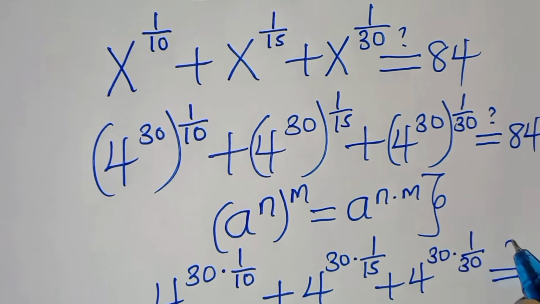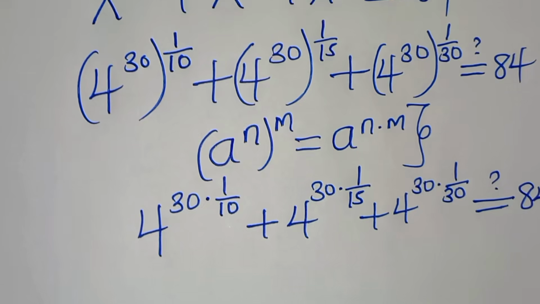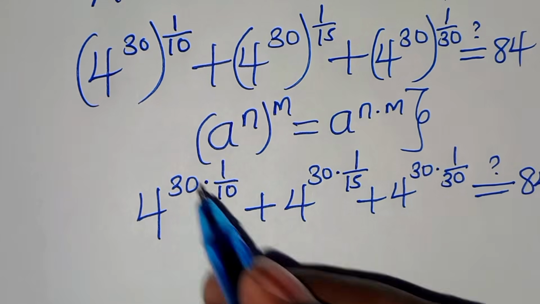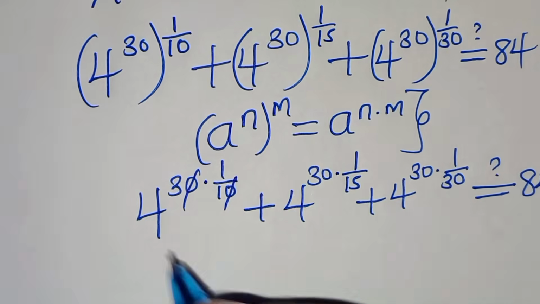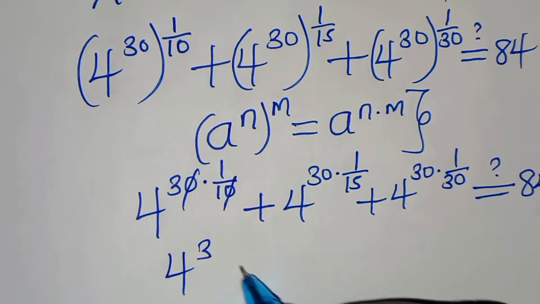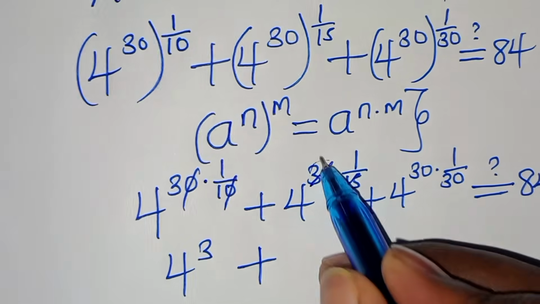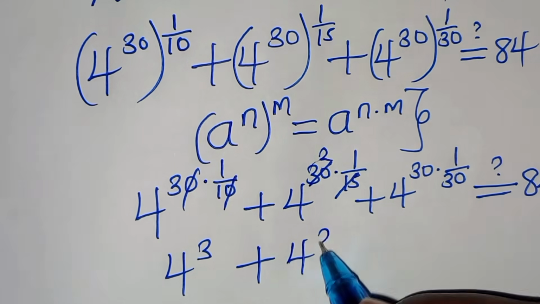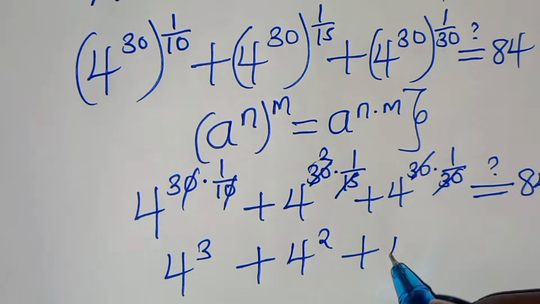This is supposed to give us a value of 84. Now the next step is to simplify here. 30 divided by 10 is 3. So this is 4 to the power of 3 plus, now 30 divided by 15, this is equal to 2. So this is 4 to the power of 2, then plus 30 and 30 simplifies. So this is plus 4.